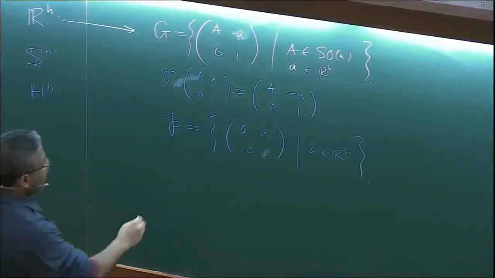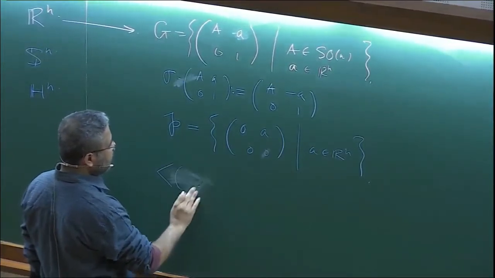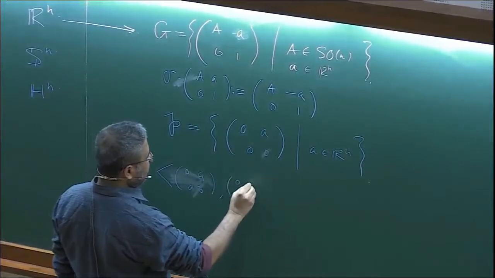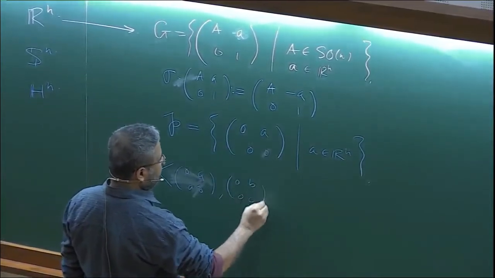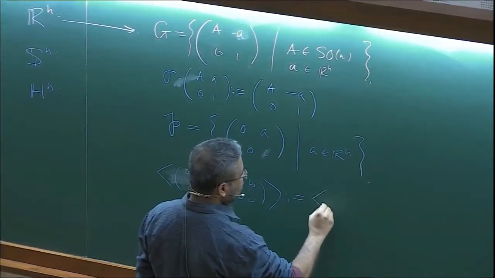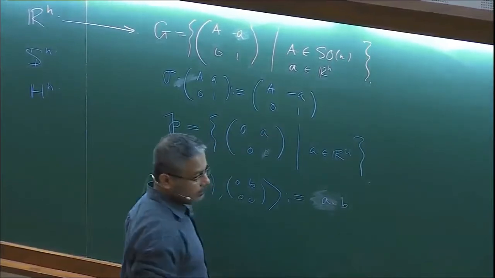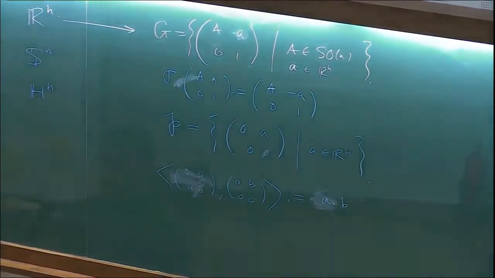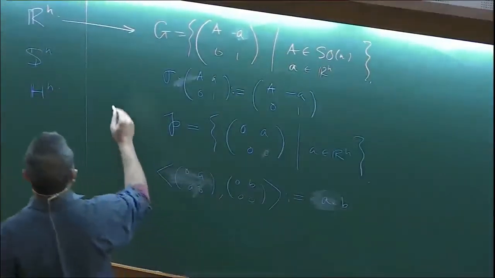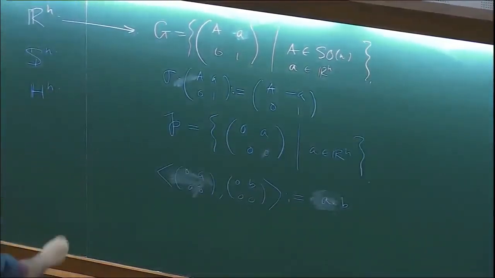My inner product on this is just the usual one; these are column vectors, so it is A dot B, the usual inner product in Rn. You can check that this is really a Riemannian symmetric pair.